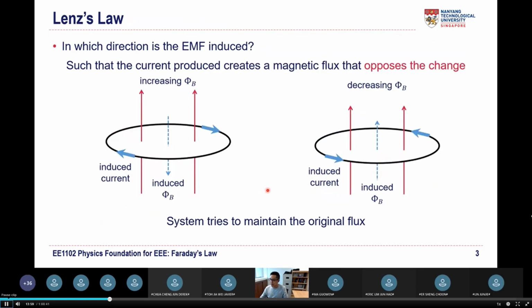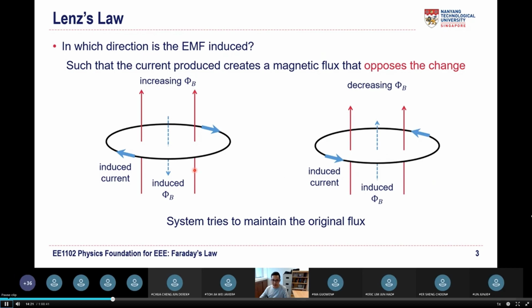So then the question is, in which direction is the EMF going to be induced? Let's say we have a magnetic flux going in the upward direction through the loop, and we are increasing our magnetic flux.